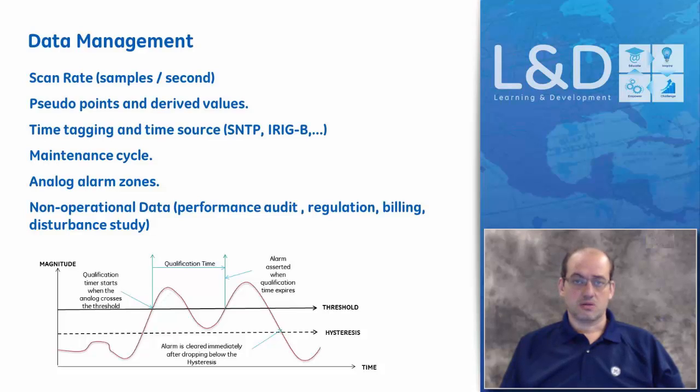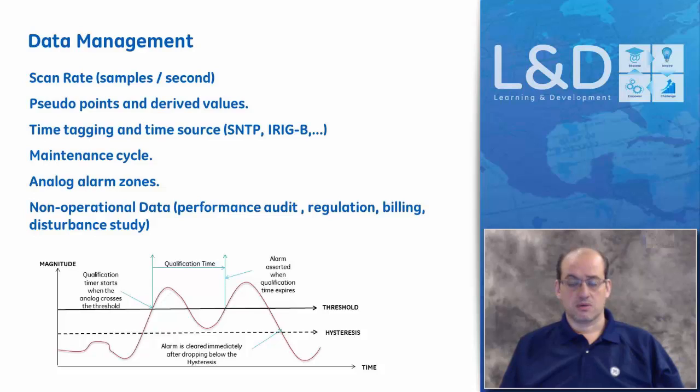Let's not forget that part of the data that's being collected in the substation includes non-operational data. The reason for collecting non-operational data could be a performance audit, where you're collecting data not for your day-to-day operation, but because you want to see the performance and the quality of power in your network. It could be a regulation requirement, where the area in which you're running your utility has a certain regulation to follow.